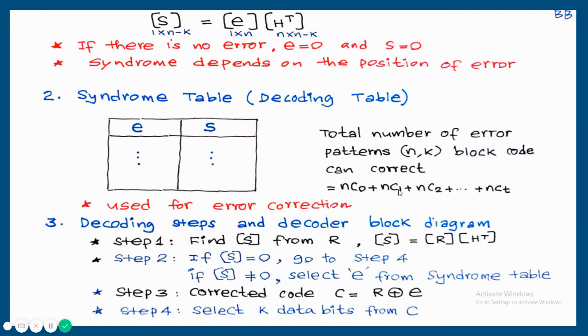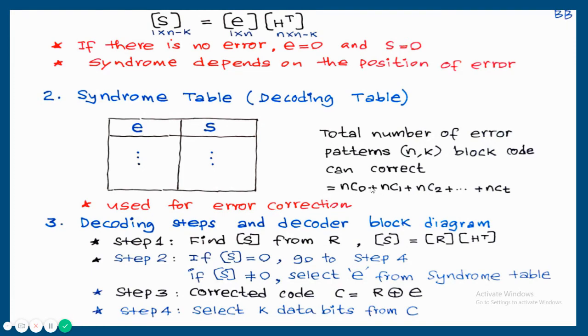NC1, number of combinations we can make with one 1, that means it's a 1-bit error. NC2, number of combinations we can make with the two 1s. That is how many combinations, how many error patterns are available with the 2-bit errors, etc. How many error patterns with a T-bit error, because correction capability is equal to T. Up to T-bit error, our decoder is able to correct.